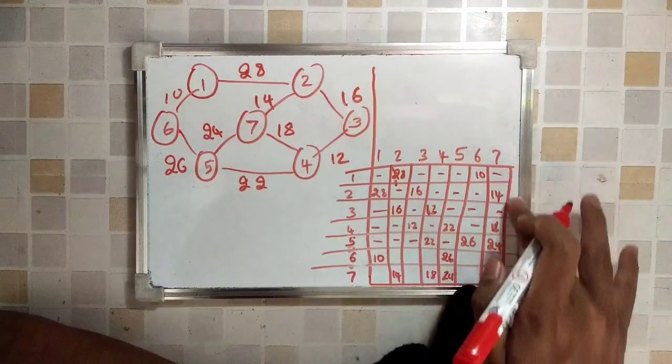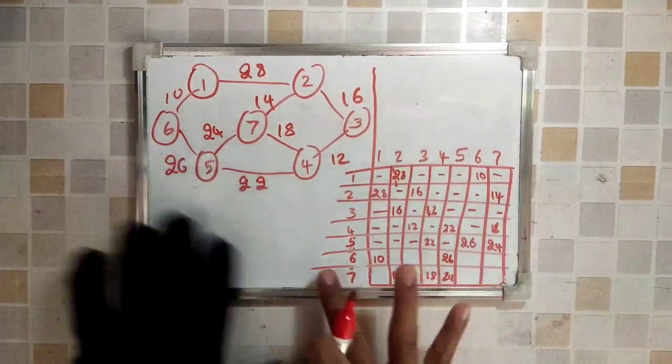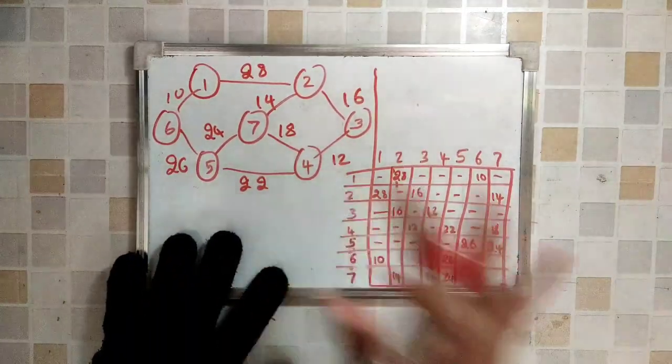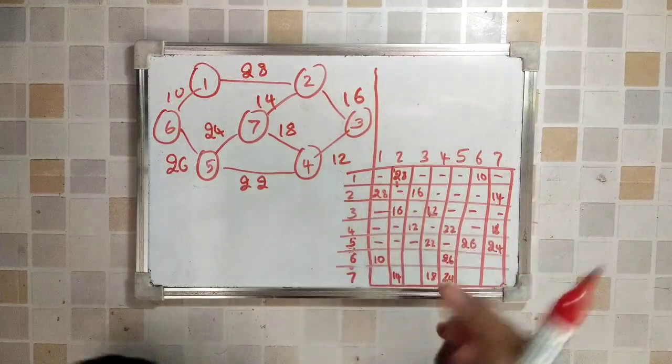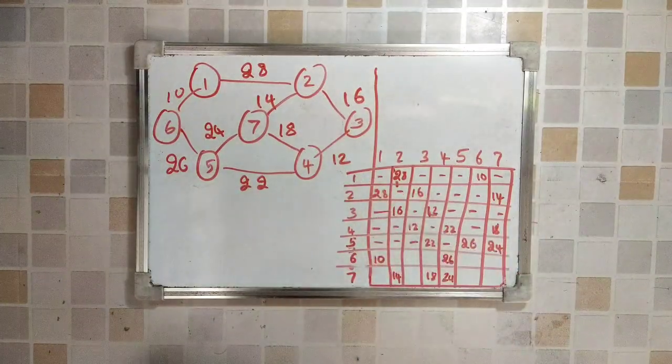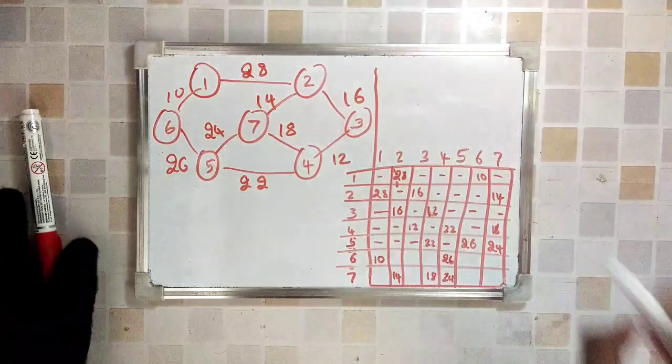Now, as you can see, I have got the matrix for everything. Initially I'll start with 1. Now you have to see what actually happens.